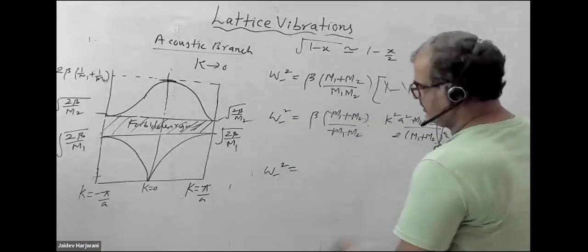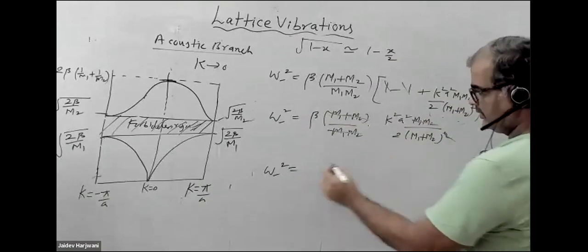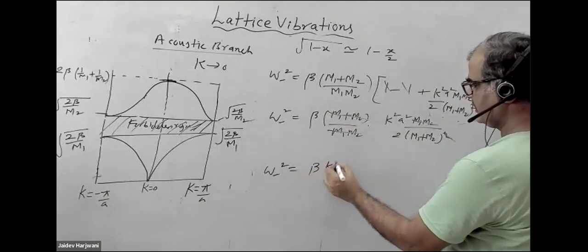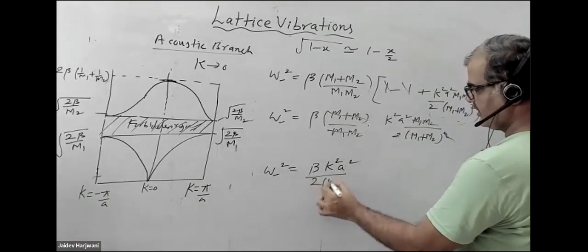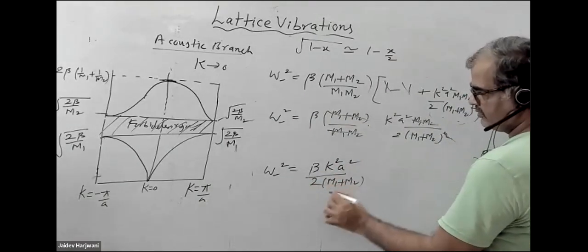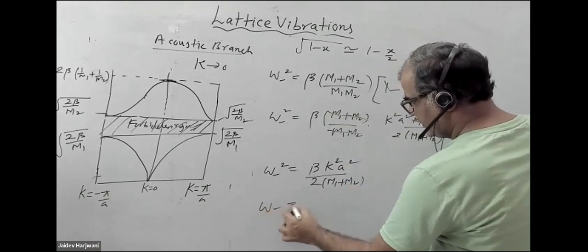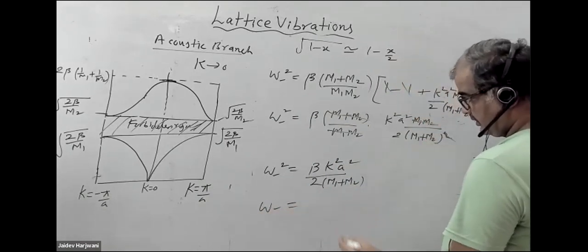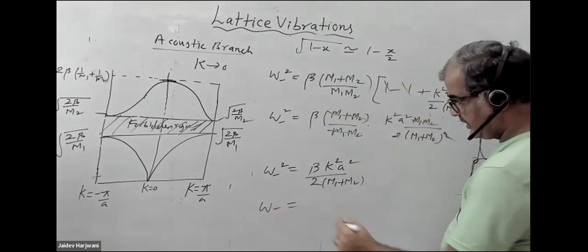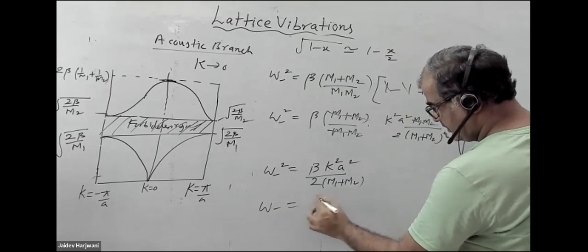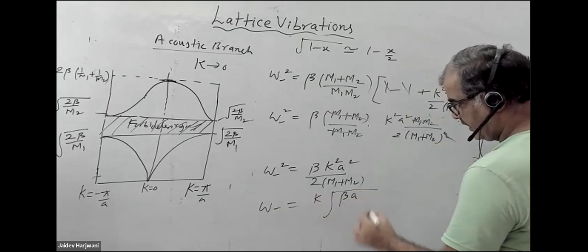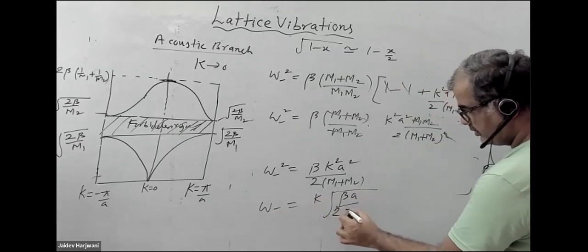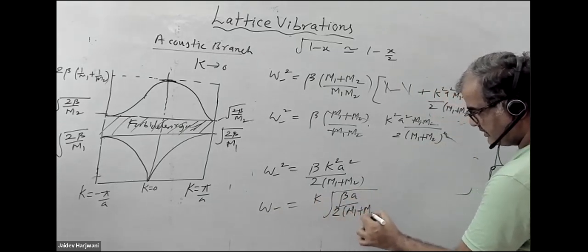So what I left here is beta k square a square by 2 (m1 plus m2), and omega minus will be, if I take the root, k times the root of beta a square upon 2 (m1 plus m2).